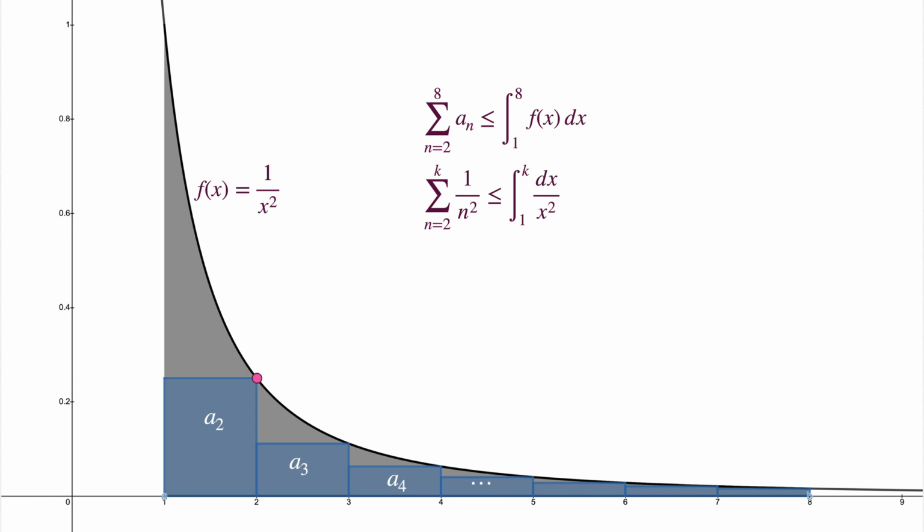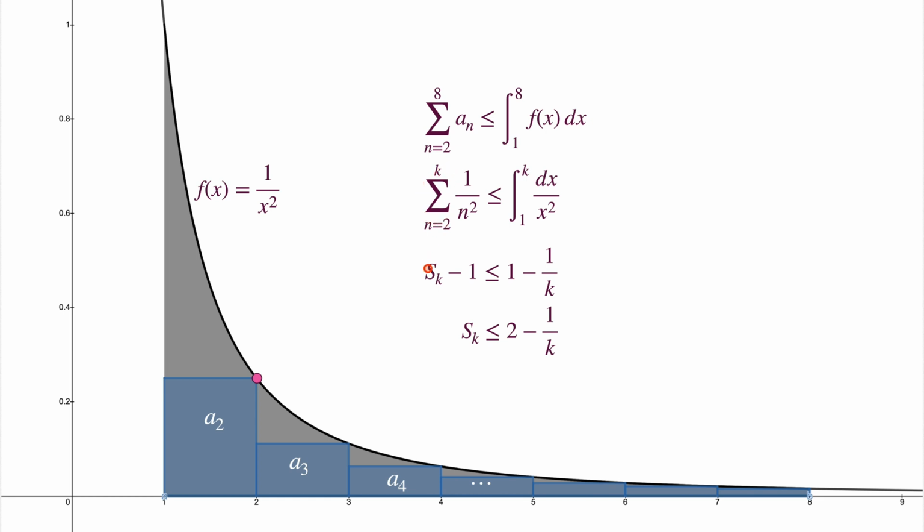Nice. Now, if we want to introduce the notation s sub k, then we have to add in the first term. Well, the first term would be f at 1. That would be 1 over 1 squared. So s sub k includes 1 in addition to the terms 2 through k.